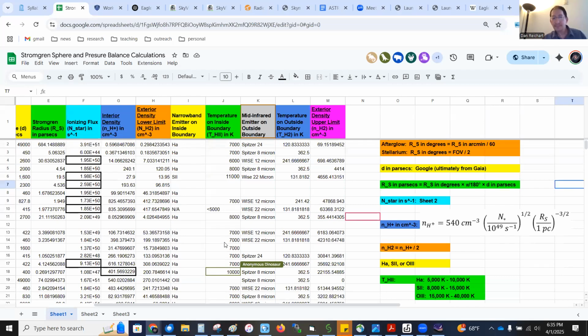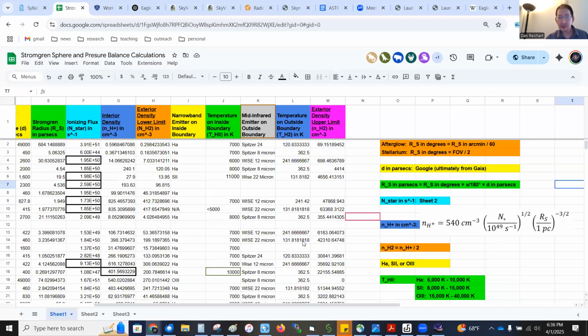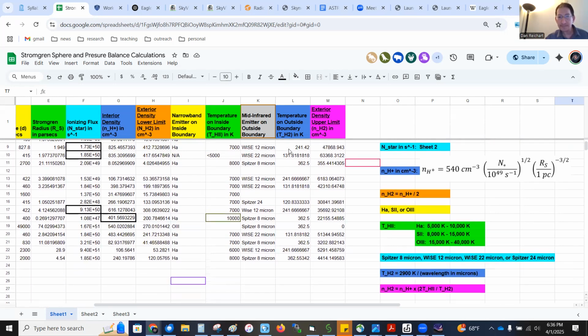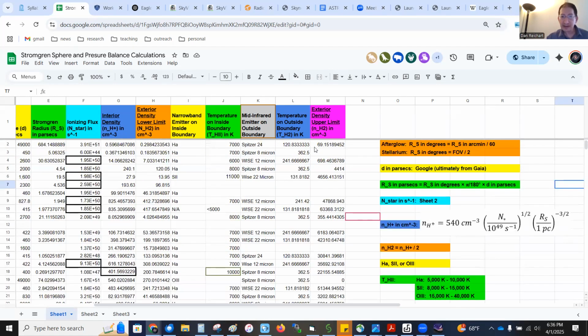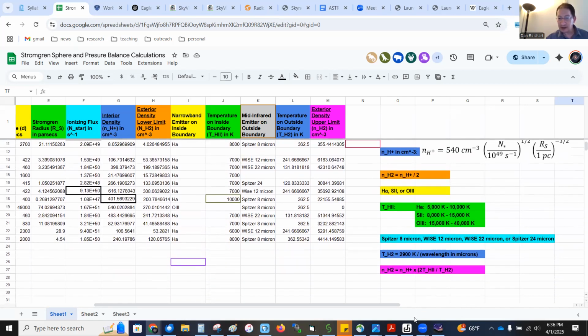Okay. And then what band do you see on the outside of the boundary? What mid-infrared band? We see a variety of options here, and they're calculating the thermal temperature corresponding to that wavelength, assuming it's near the peak of the black body spectrum. And often it's between 1 and 300, depending upon which wavelength you're using. That's what we see here. And once you have that, you can calculate the exterior density by this equation here.